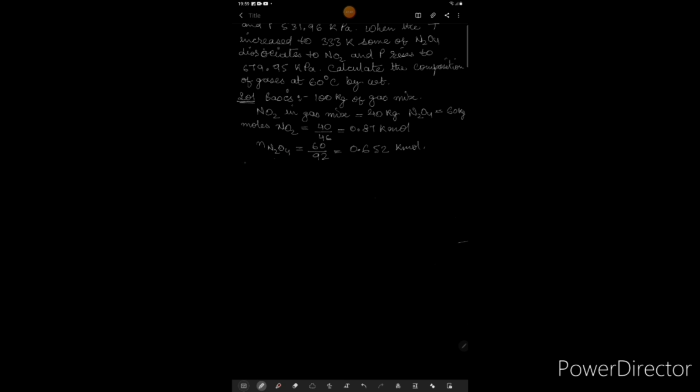So initial mole is equal to 0.87 plus 0.652 equal to 1.522 kilomole. And reaction is N2O4 dissociates to 2NO2.